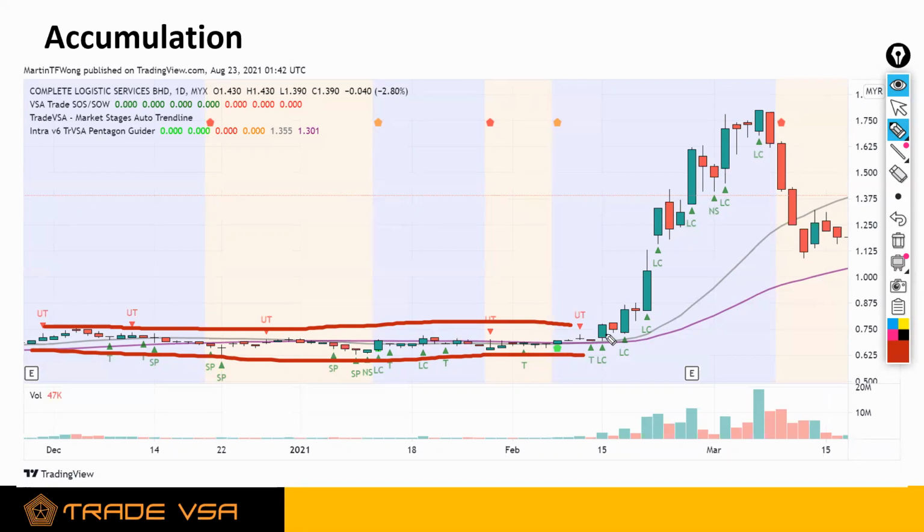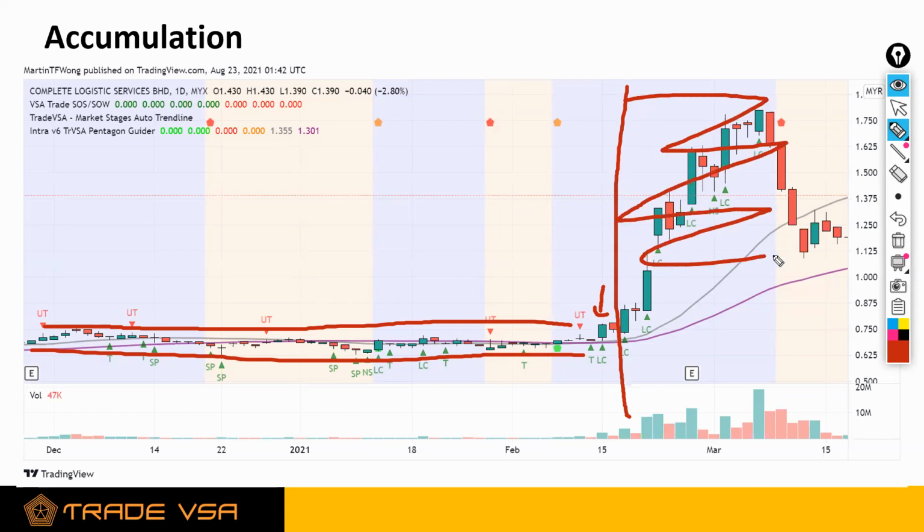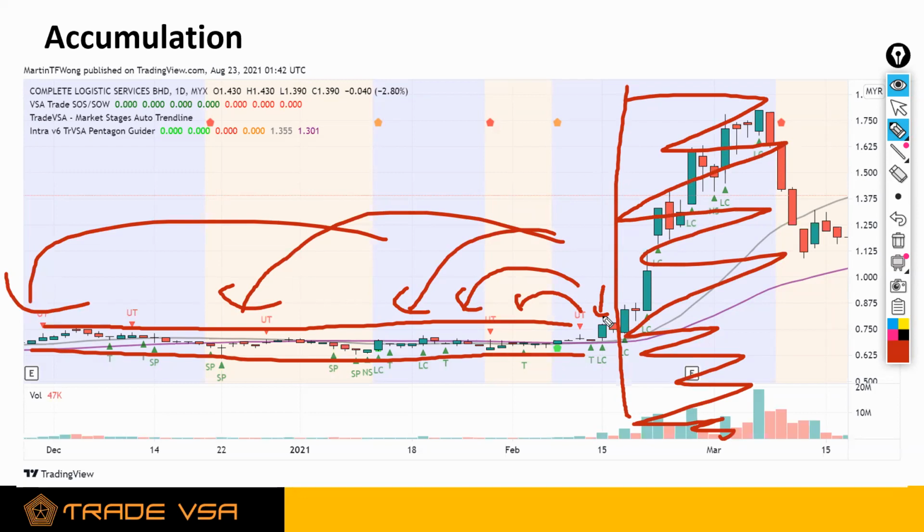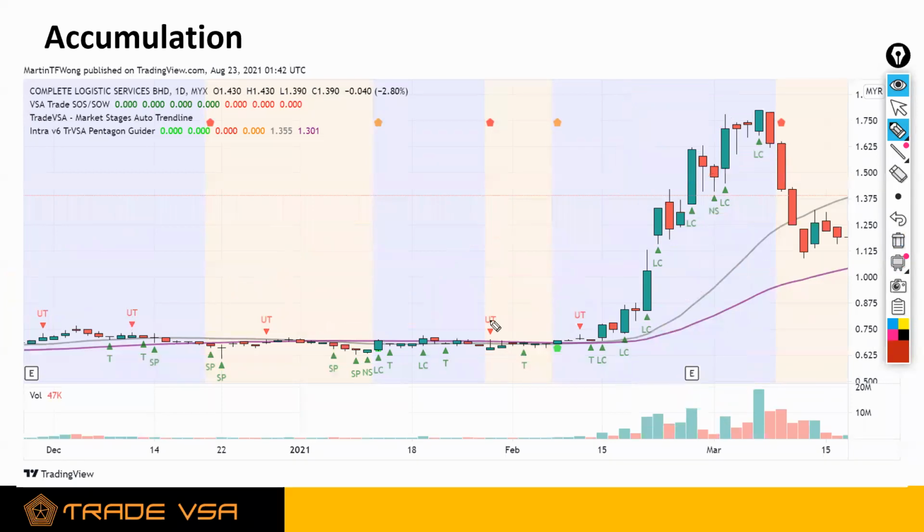Then suddenly, if you realize this bar, of course it's a bit small in this picture, but if you just hide everything over here, this bar and this volume is actually wider compared to all the others. So whenever there's accumulation plus a widespread bar like this, there is a potential change of trend, or change of behavior. What is the behavior? This is a sideways accumulation. Maybe they want to change to markup.